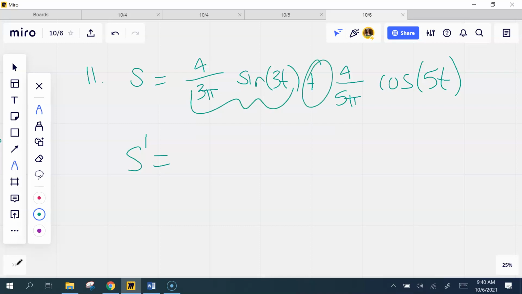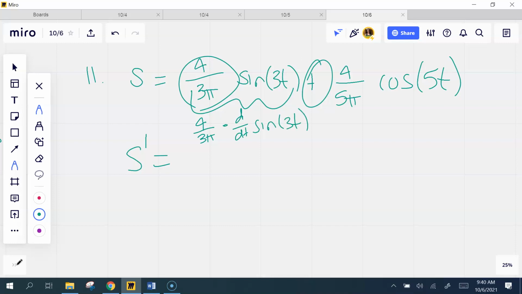Remember, when I do a derivative, I can separate the derivatives out with plus or minus. That doesn't impact anything, and that's okay. Leading coefficients can go out front, right? So I'm really doing 4 over 3 pi times the derivative of sine 3t.